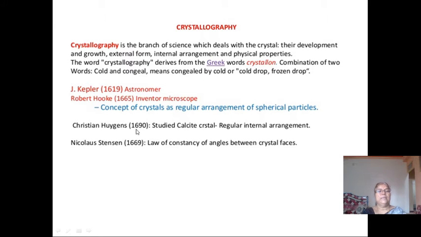Then in 1690, Christian Huygens studied calcite crystal, a regular internal arrangement of calcite crystal.